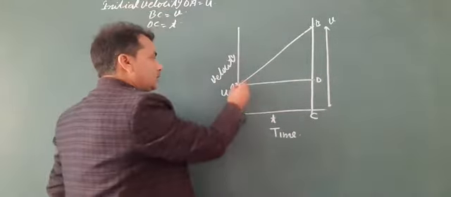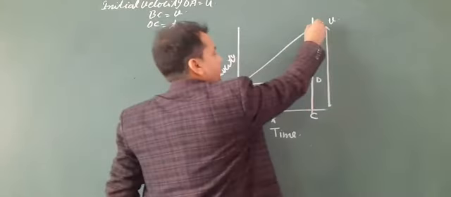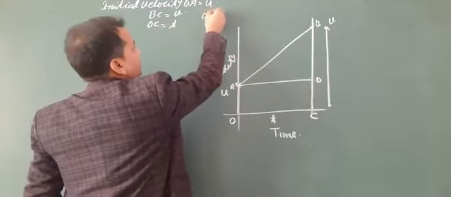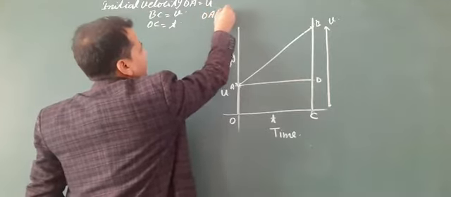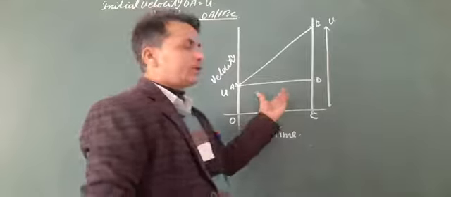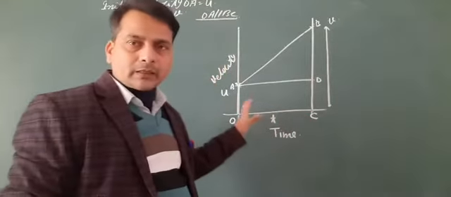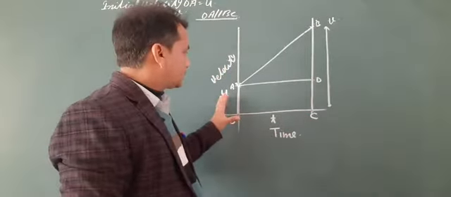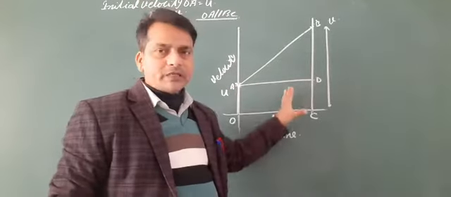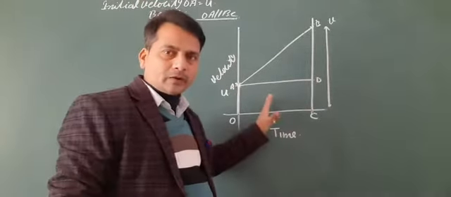It is clear that OA is parallel to BC, so this quadrilateral is a trapezium. The area of the trapezium is the same as the distance traveled by the object.